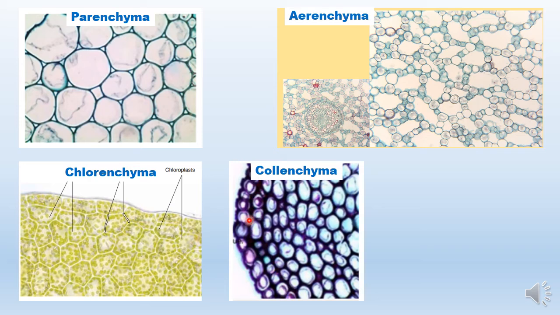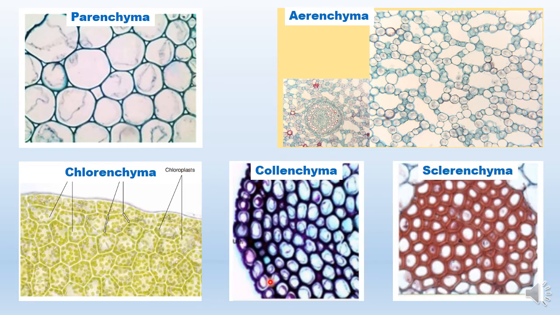Collenchyma is generally present just below the epidermis, known as hypodermis. So in the hypodermal region you can see that the corners have more deposition. That is very much characteristic of collenchyma. And lastly is sclerenchyma. You see this chemical dye which has stained the cell wall, showing that at every place the cell wall is pretty thick.